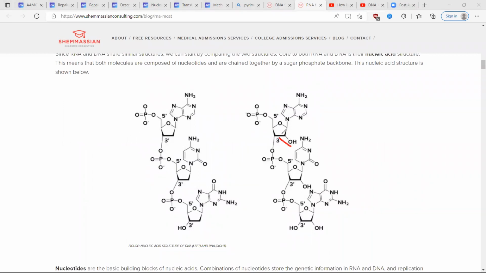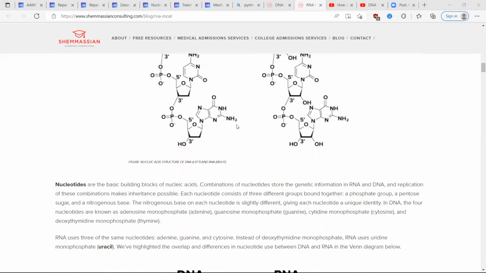Here in DNA, we have this OH, and in RNA, we don't. This is the major distinguisher, right? By looking at these pictures, you should be able to identify, oh, this is RNA and this is DNA, just because of the 3' OH.